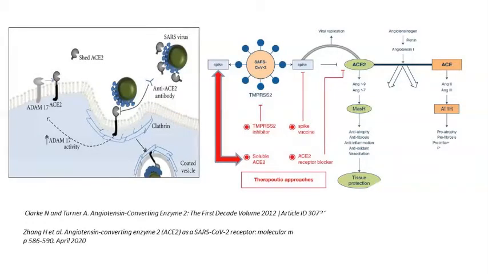The other is to try to find a TMPRSS2 inhibitor, or to block the ACE2 by an ACE2 receptor blocker to prevent the binding of the spike to the ACE2 receptors.